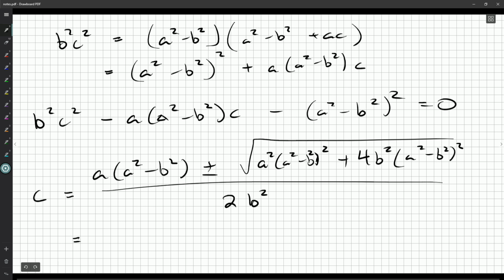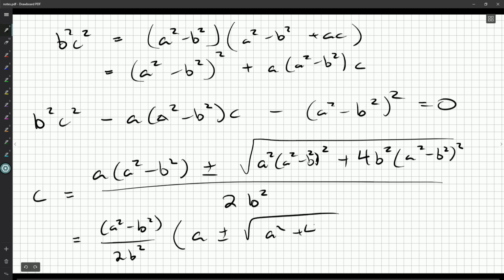Now, we already observed a has got to be bigger than b, so we're going to have an a squared minus a b squared here. I'm not going to do anything about that 2bc, or 2b squared there. Then we'll have a plus or minus the square root of a squared plus 4b squared.